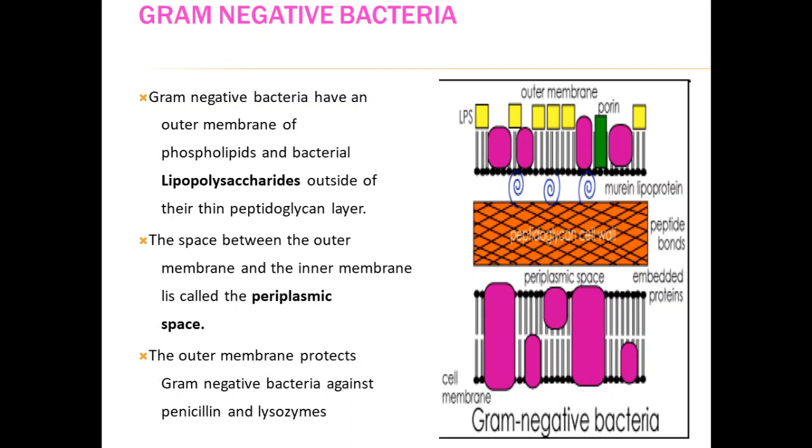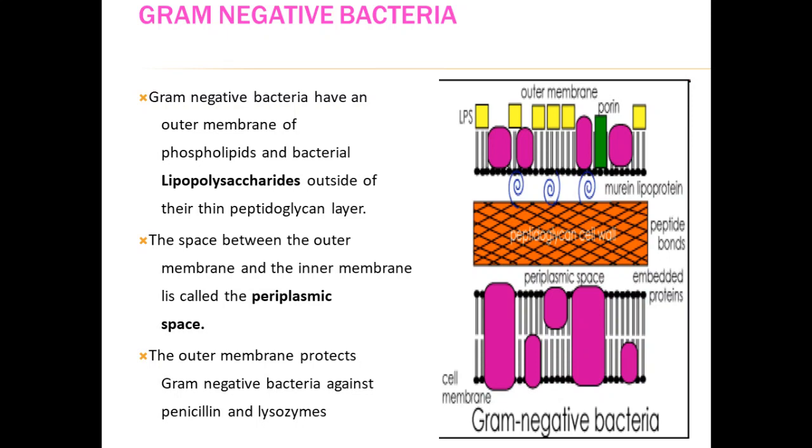The space between the outer membrane and the inner membrane is called the periplasmic space. So the gram negative cell wall, apart from peptidoglycan, also has a lipopolysaccharide layer.